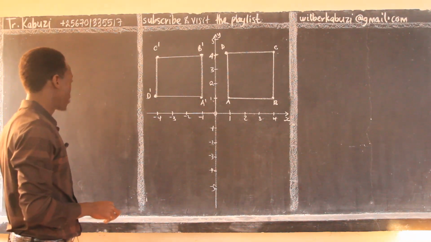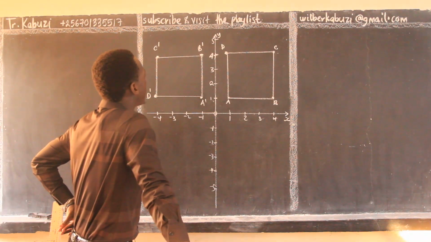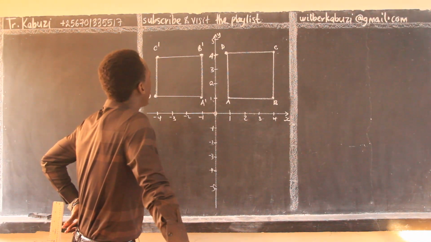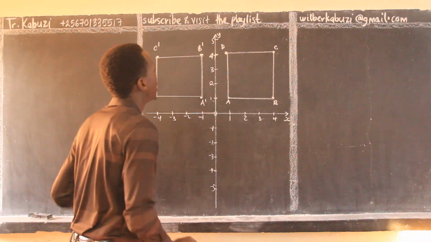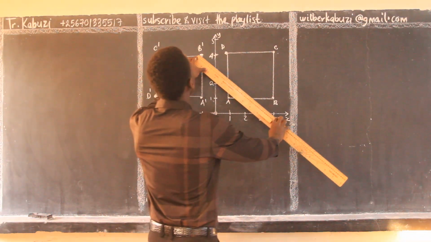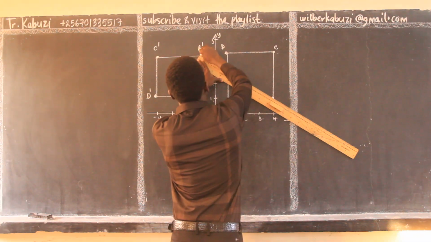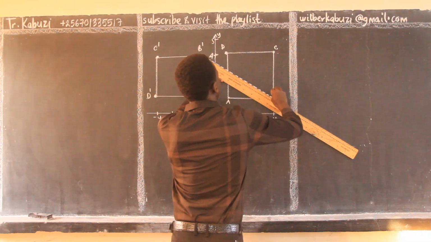But now we are going to find the center of rotation and then the angle of rotation. What we do is join any two points of the object to its image. The first one I have is this one, so I join B to B prime.